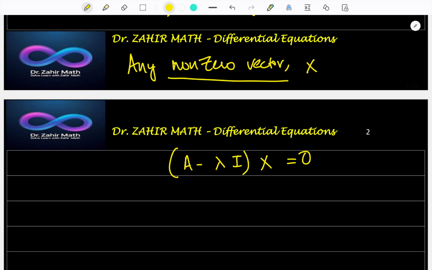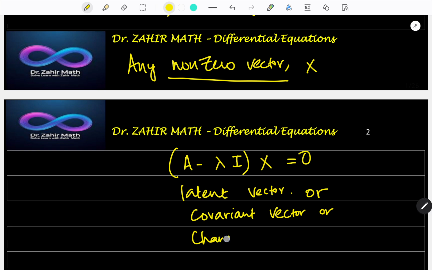You can also call the eigenvector a latent vector, or a characteristic vector. All these vectors correspond to each lambda value.